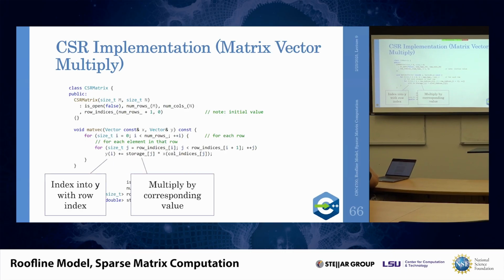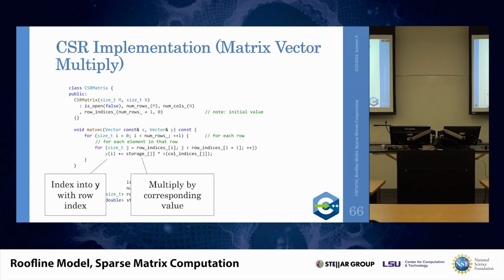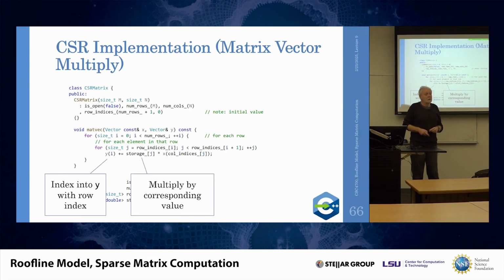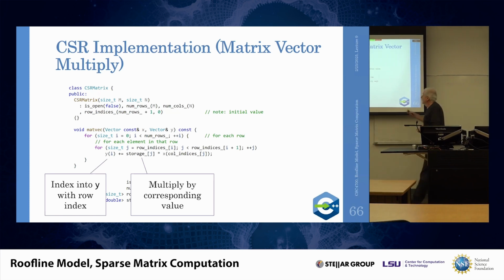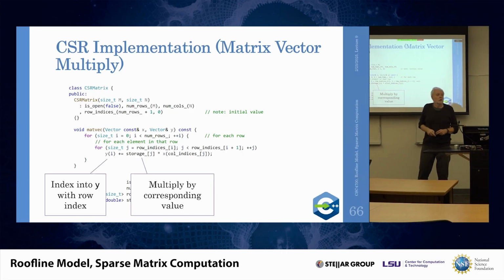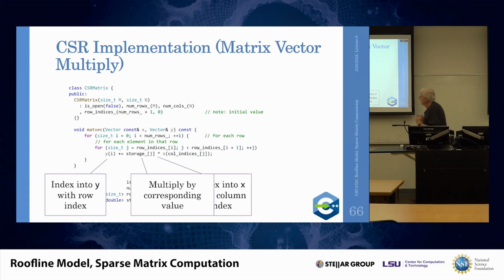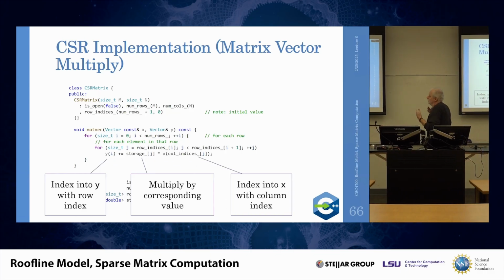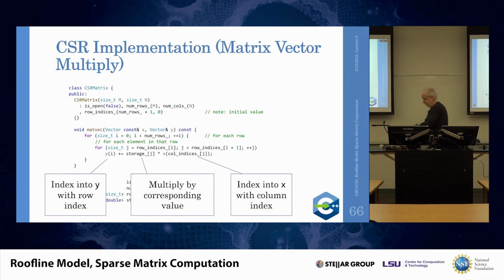We can directly refer to the storage using j because that's where we iterate over, and we have to extract the column index from the column indices array and use that as the index for accessing our x values. So same thing as before, it's just using a different underlying representation of the data.